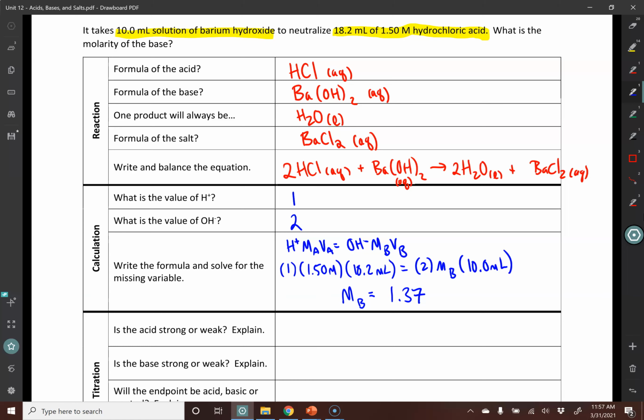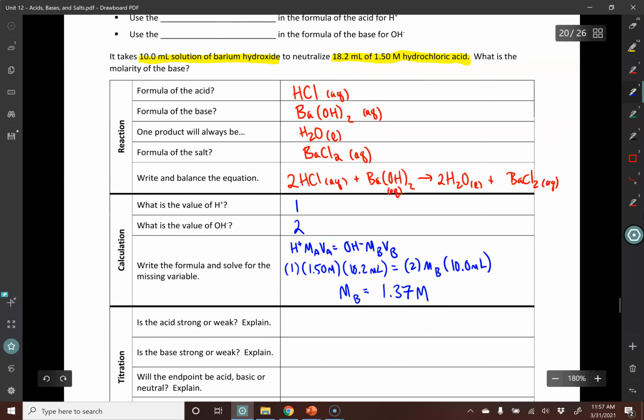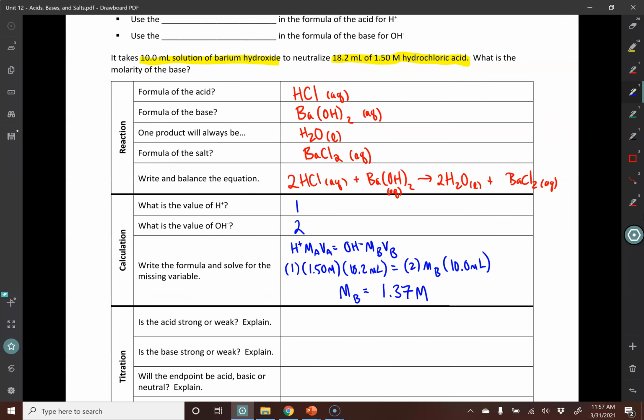You think you're telling me the molarity of the base is equal to 1.37, but on this side of the equal sign, Mb is just a variable. You need your unit after your numerical value. So that's really the calculation that you should be able to solve using that formula. Hopefully, you'll have all but one of the variables and you can plug and chug.